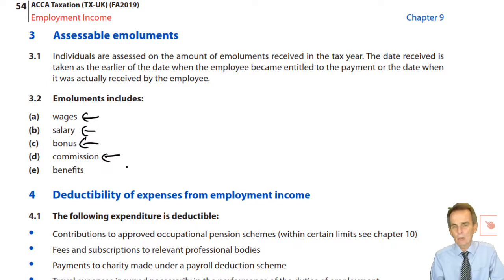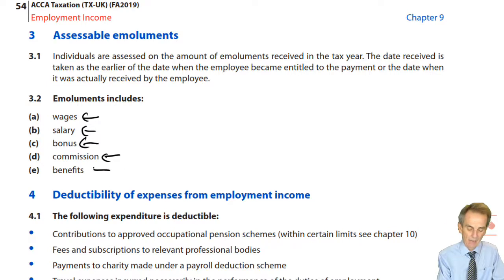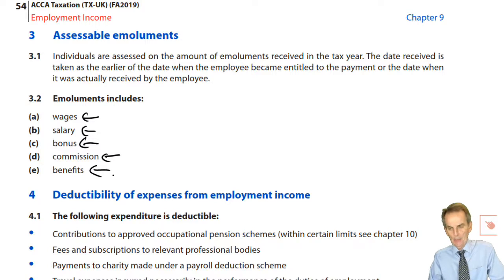And where most of our time lies in terms of this chapter, and most of the marks will probably lie in terms of you in an examination question, it's about various benefits. Benefits are ways by which an employer may provide an employee with a benefit other than simply in the form of cash.